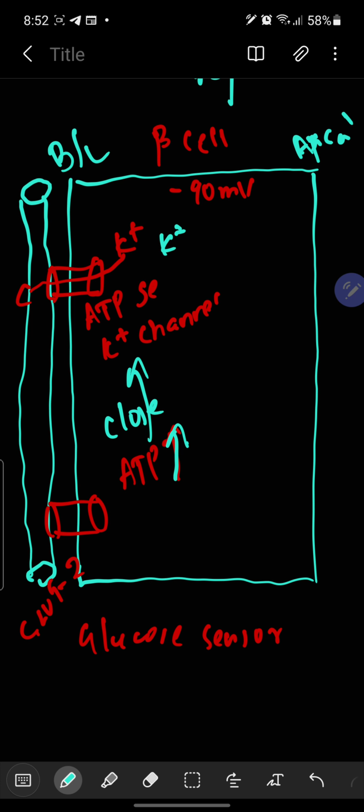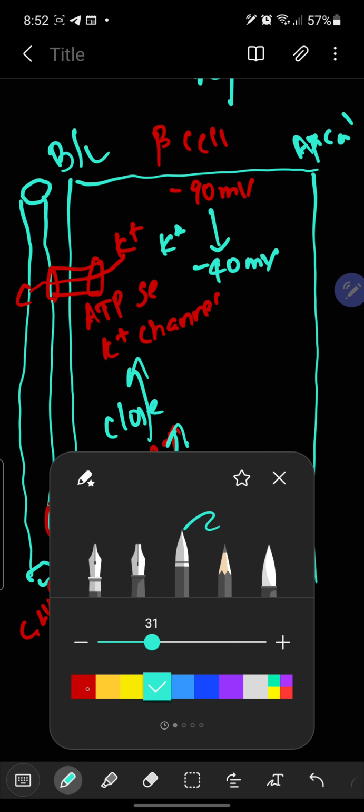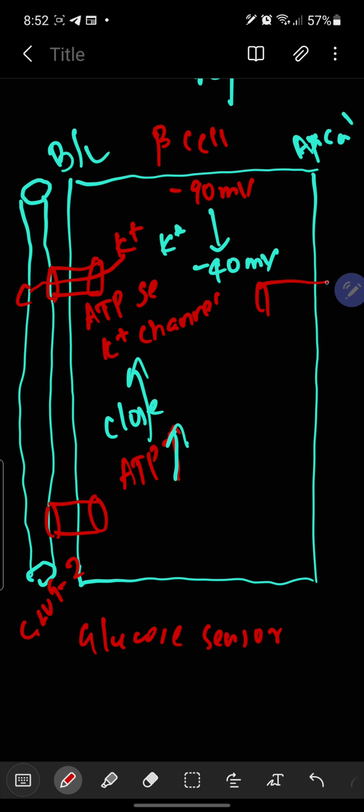So the potassium will stay inside. It will lead to depolarization and minus 40 millivolt will be seen. When it reaches minus 40 millivolt, there are voltage sensitive calcium channels on the apical side. Calcium will influx. Calcium will come in.